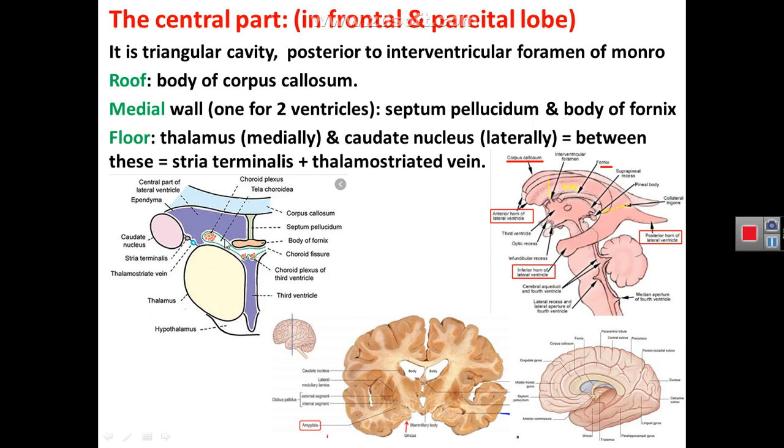This fold of pia is called the tela choroidea, which contains blood vessels called the choroid plexus, which produce CSF in the lateral ventricle. The tela choroidea also forms the roof of the third ventricle, and here in the roof of the third ventricle it contains a choroid plexus that produces CSF for the third ventricle.